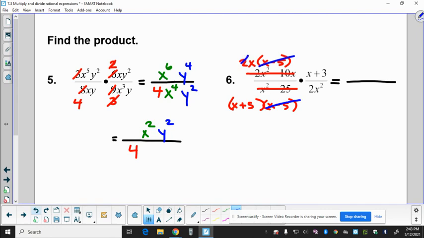I see a 2 cancels out. And then these x's cancel out down to the first power. And I believe that's it. So let's see what's left over up top. X plus 3. And down below, x times x plus 5. Now, if you want to multiply that denominator, you may.